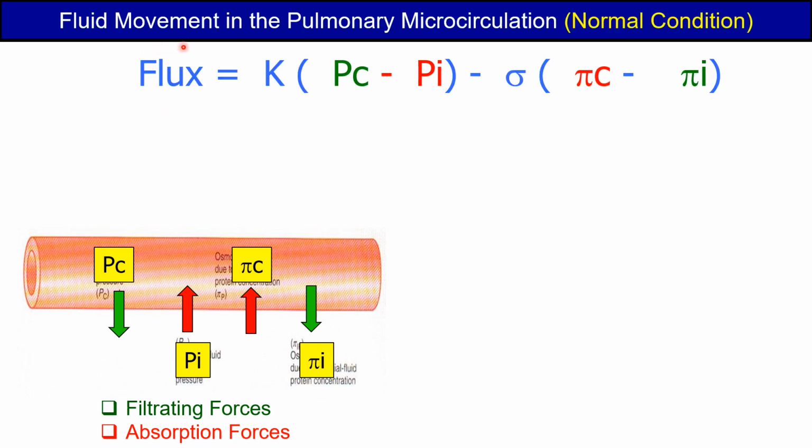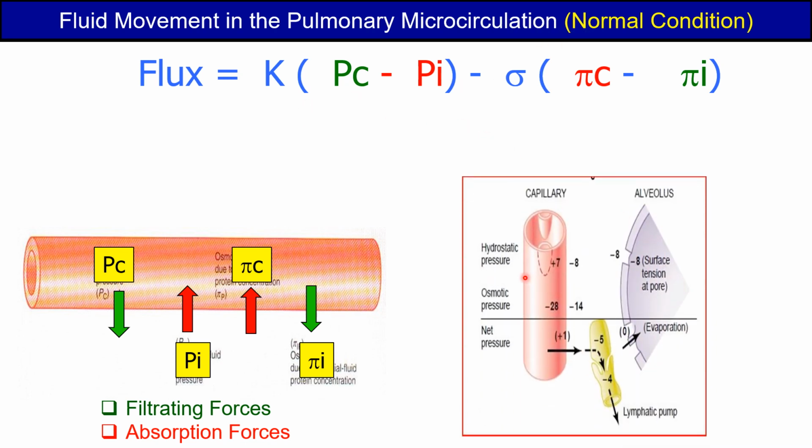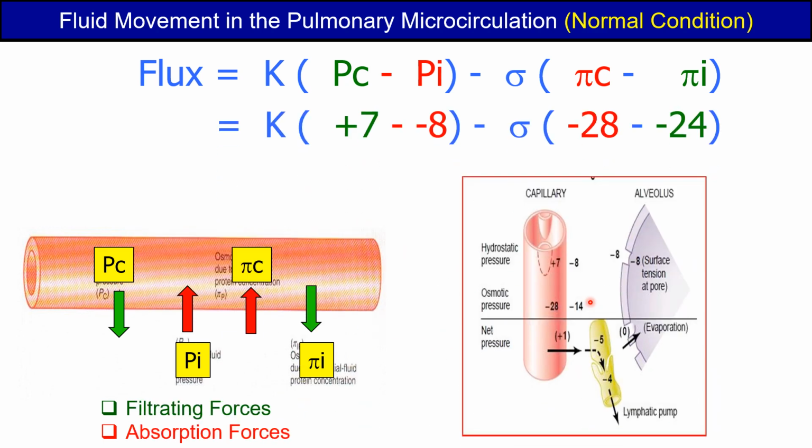Now, what is the fluid movement in the pulmonary microcirculation under normal conditions? This is illustrated by this diagram, showing us the different interstitial and capillary hydrostatic pressures and oncotic pressures. When we substitute those numbers here, we can see that the flux is positive. So normally, there's movement of fluid from the capillaries into the interstitium.